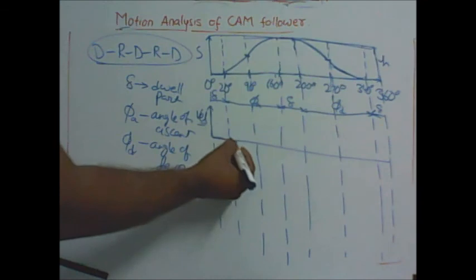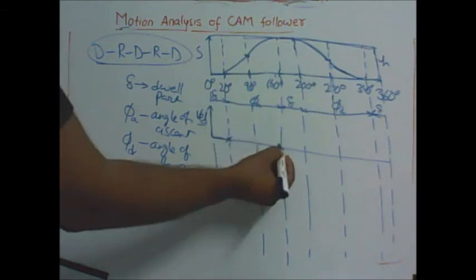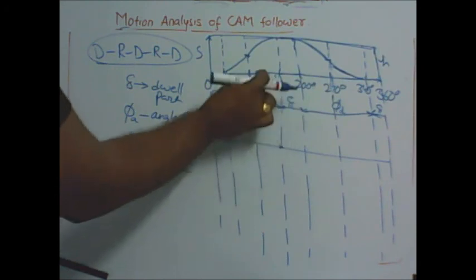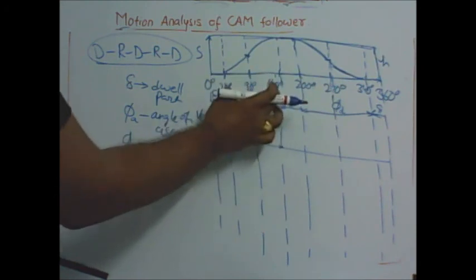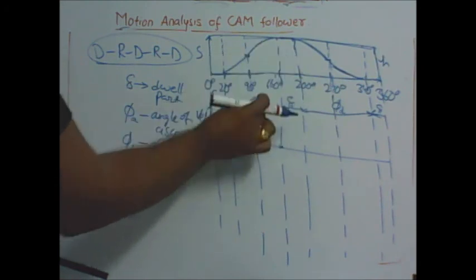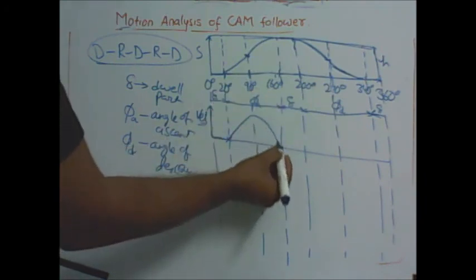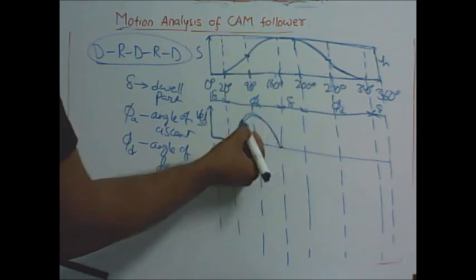So sine at starting will be 0, at ending it will be 0, and at the midpoint phi by 2, which is 90 degrees for the 20 to 160 degree span, the velocity will be maximum. It will be a sinusoidal curve.